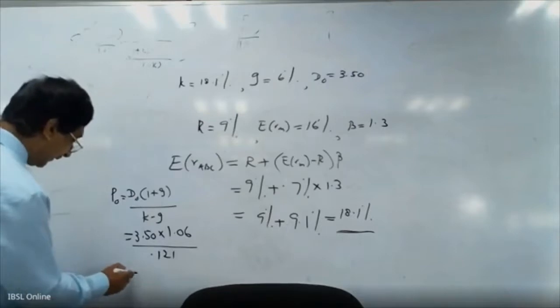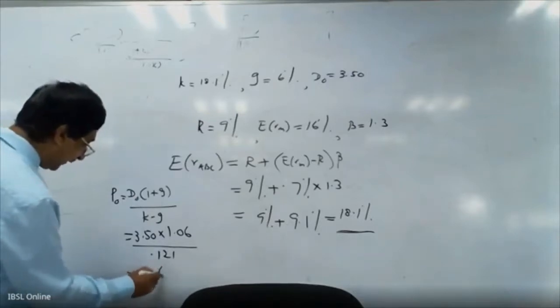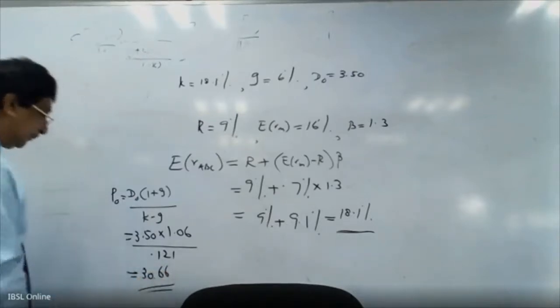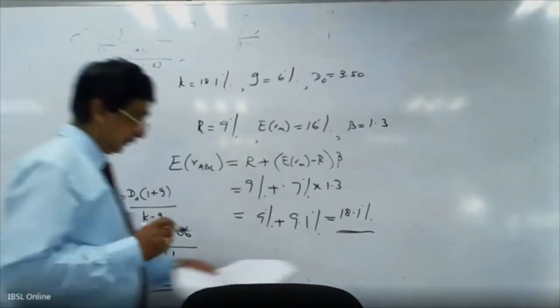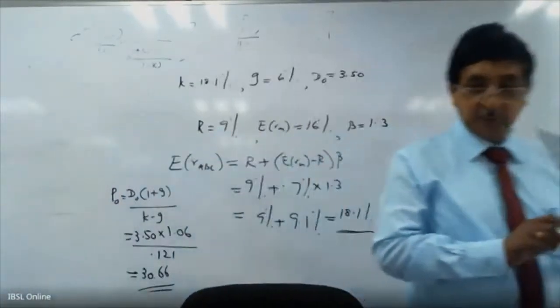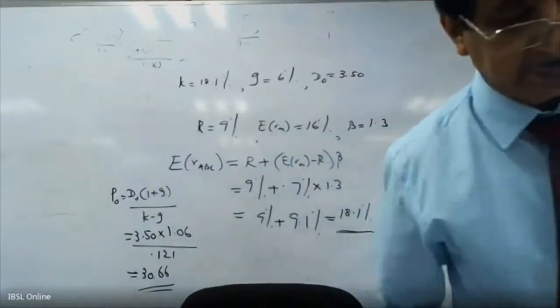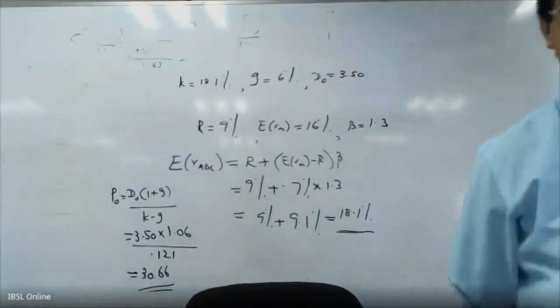So you get the answer 30.66. So that is how we arrived at the stock price.